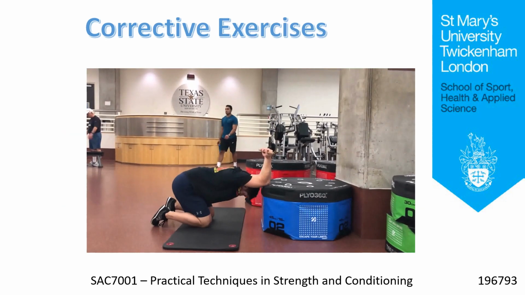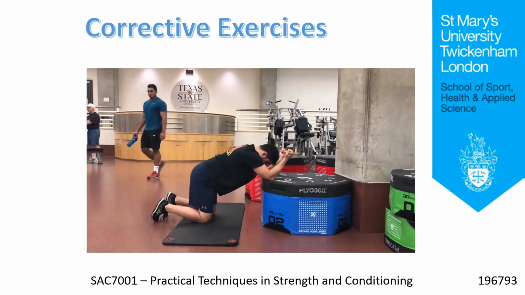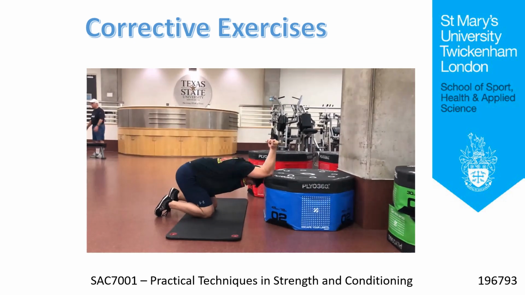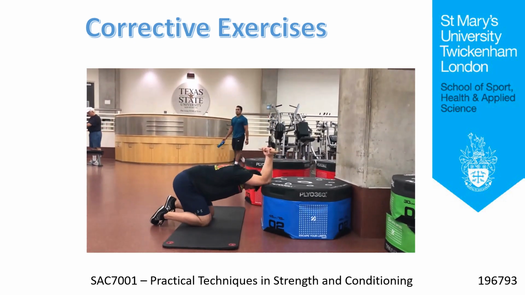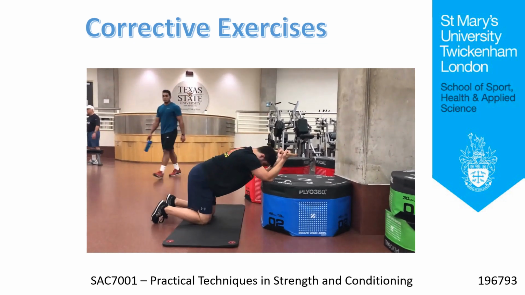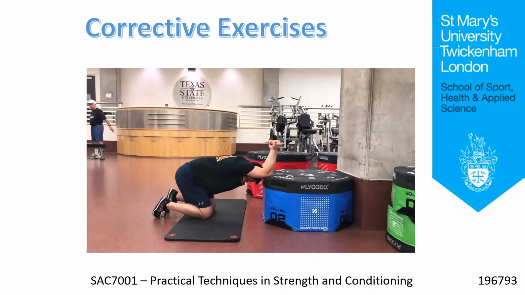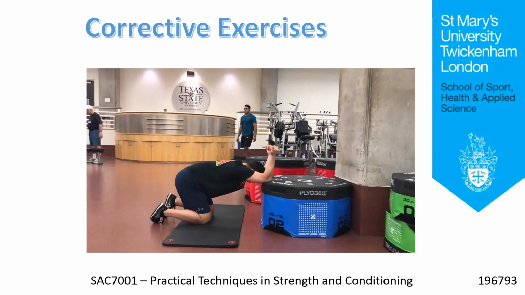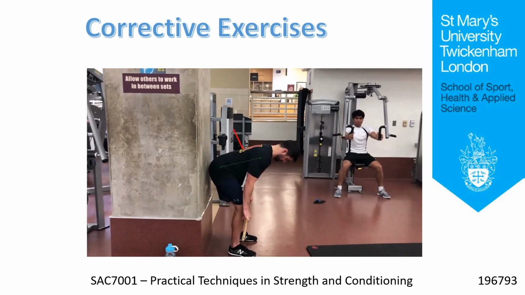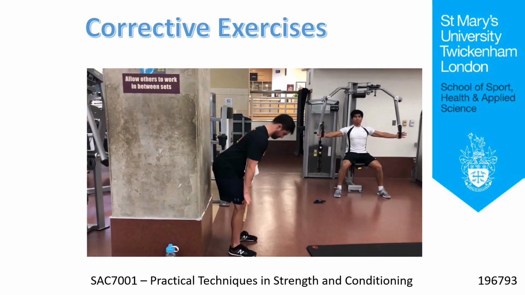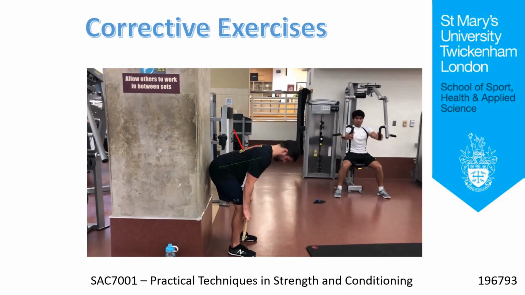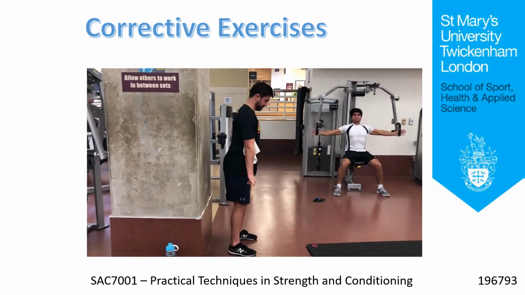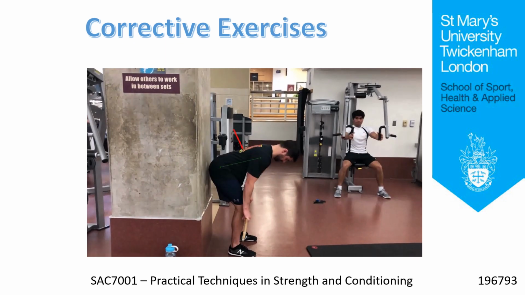We have here one example of an exercise we can use to increase this thoracic extension and address this latissimus dorsi lack of flexibility to improve the deadlift. And also using a towel under the armpit to create an engagement of the lats, allowing the back to be straightened.